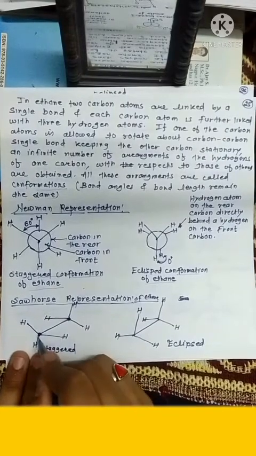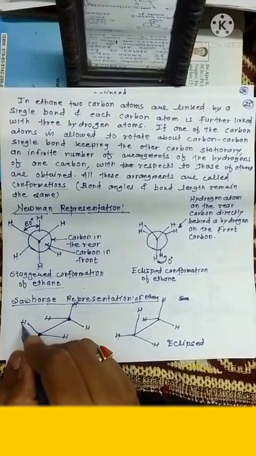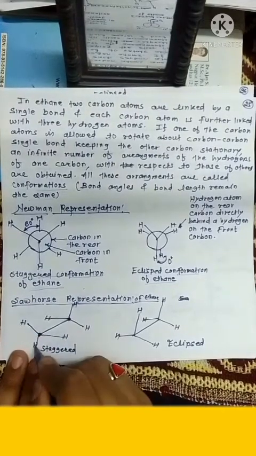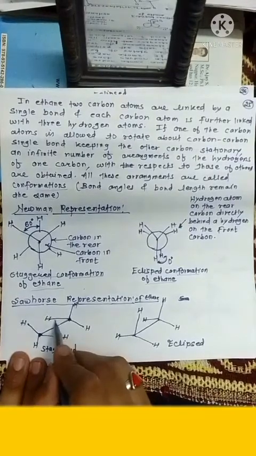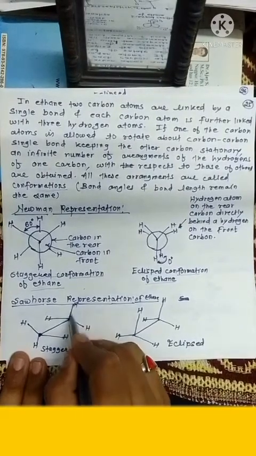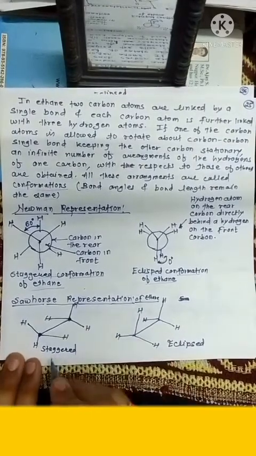Again draw a Y on the front carbon atom and put 3 hydrogens like this. Then draw an inverted Y like this and put 3 hydrogens.